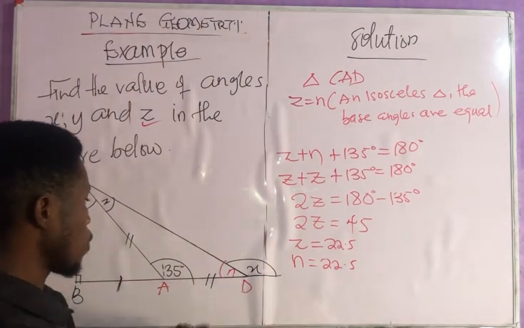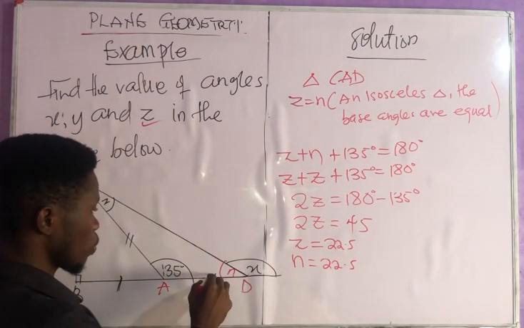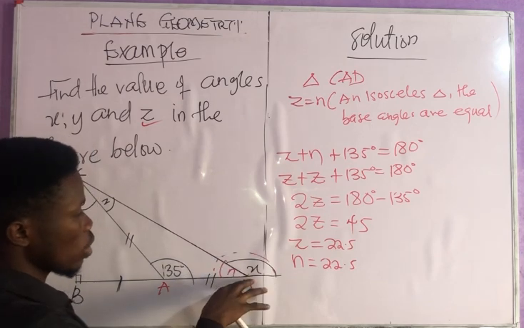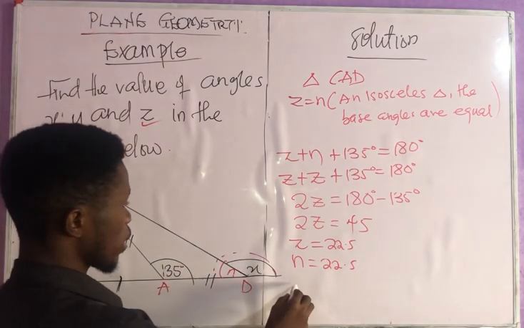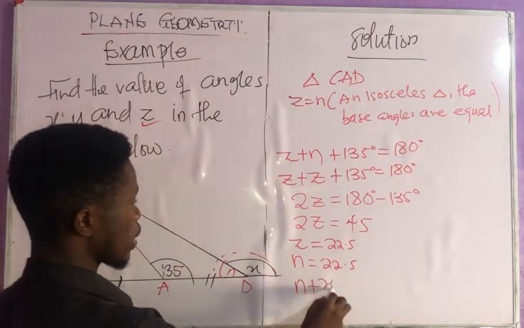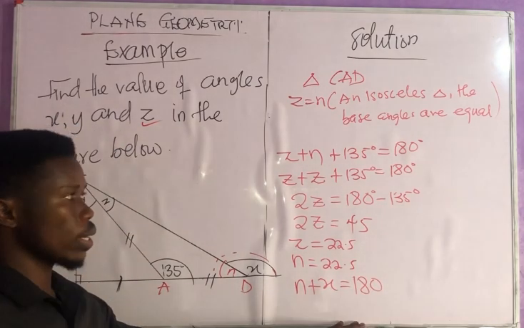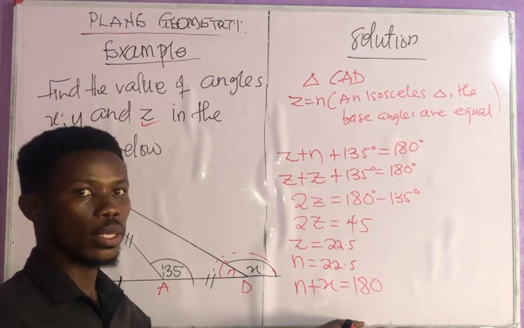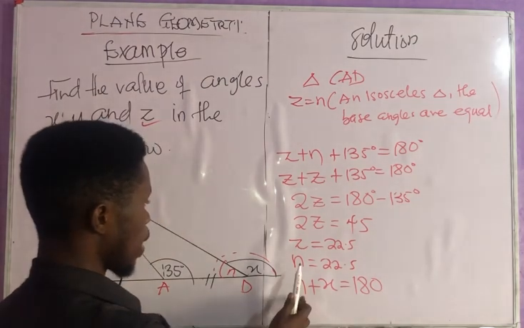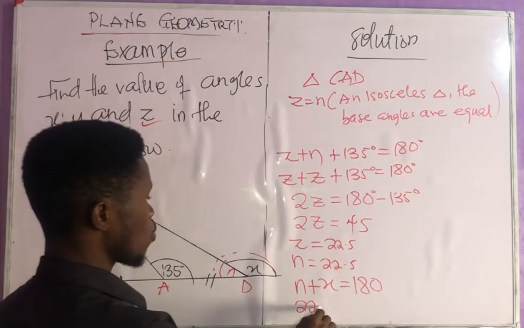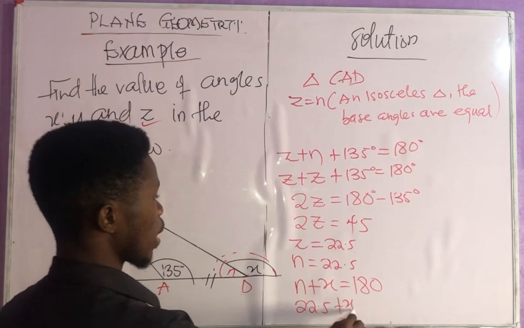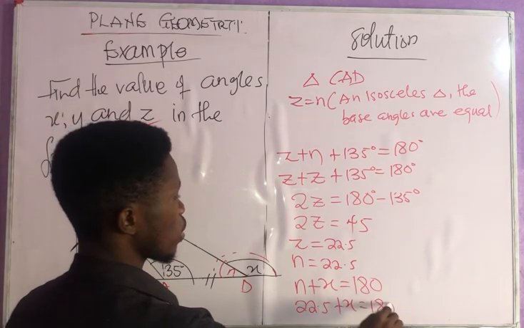Alright. Now if you look at this one too, this is angle on a straight line. So I know that n plus x will be equal to 180. State the reason: angles on a straight line sum up to 180 degrees. But my n is 22.5, so 22.5 plus x equals 180 degrees.